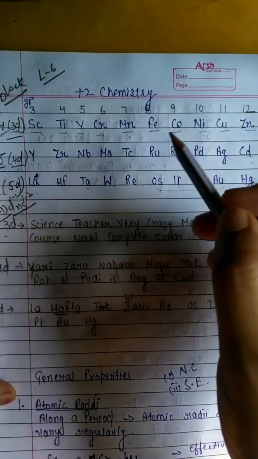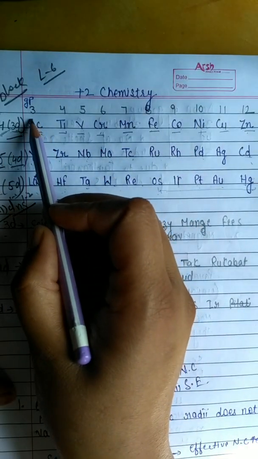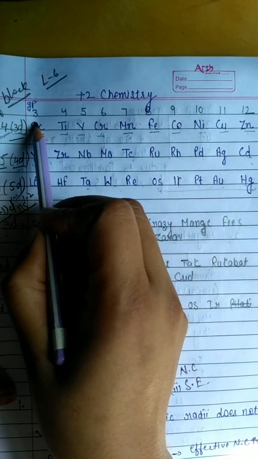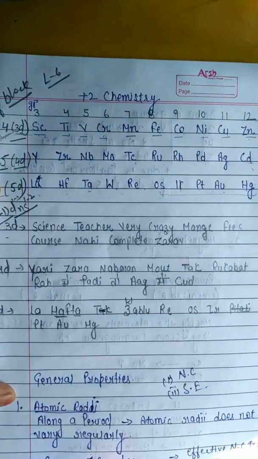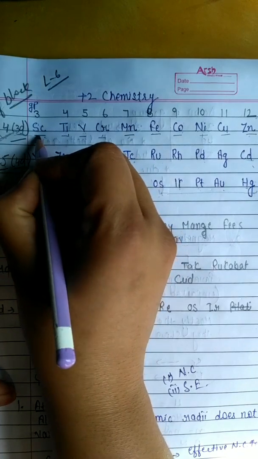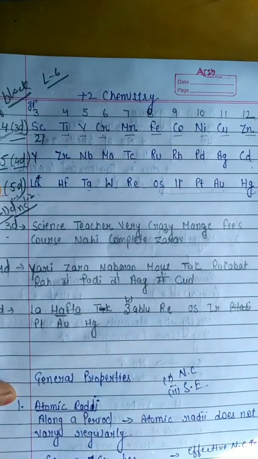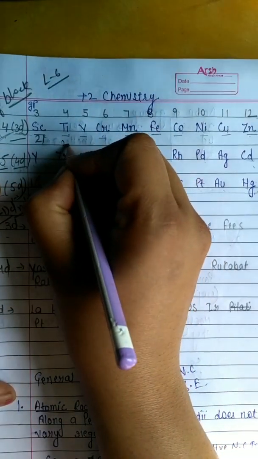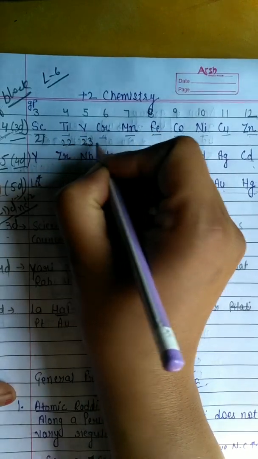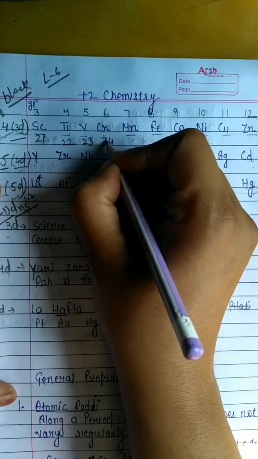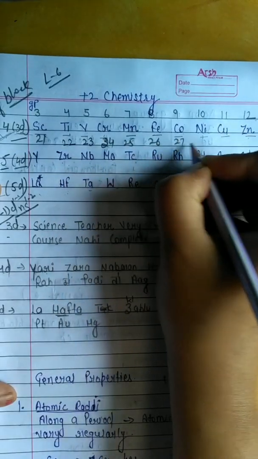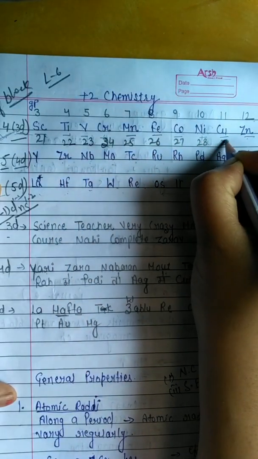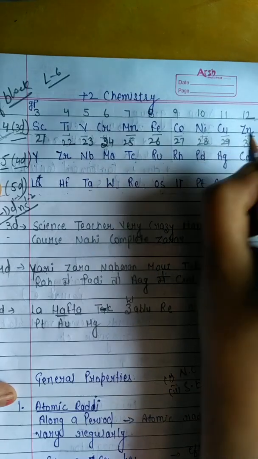Now, the D block elements vary from group 3 to group 12. In the case of scandium, the atomic number is 21, 22, 23, 24, 25, 26, 27, 28, 29 and 30.